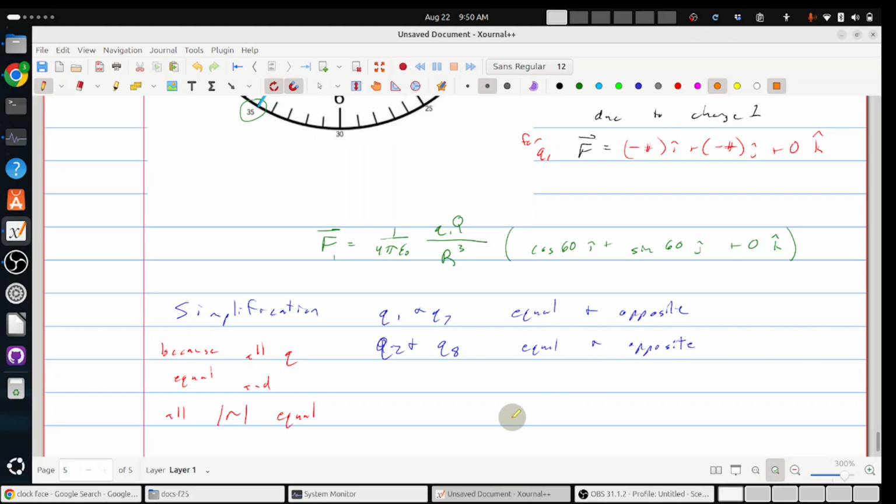So my net force at the end is going to be what? Each pair is equal and opposite. So what's going to happen when I add up all 12?